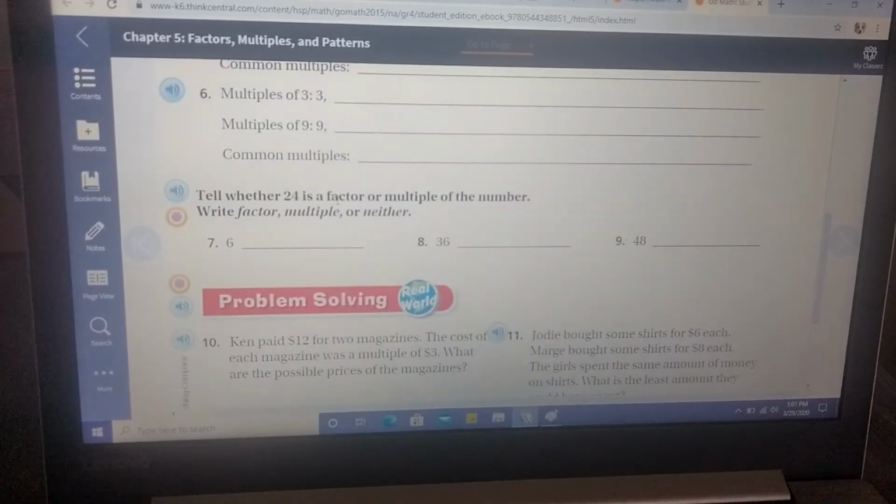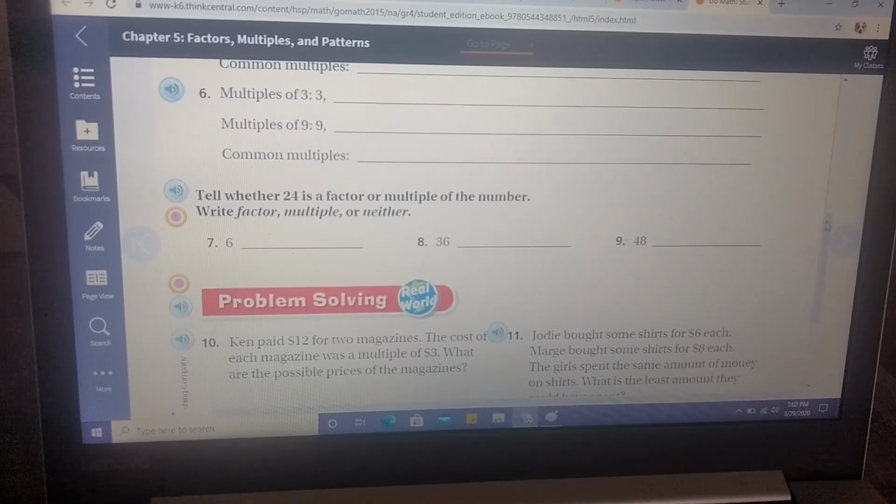Now you're thinking of 24. 24 is either going to be a multiple or a factor of the number they give you, or neither. So for 6, 24 would be a what? 24 is a multiple of 6. So you'd write multiple on the line.